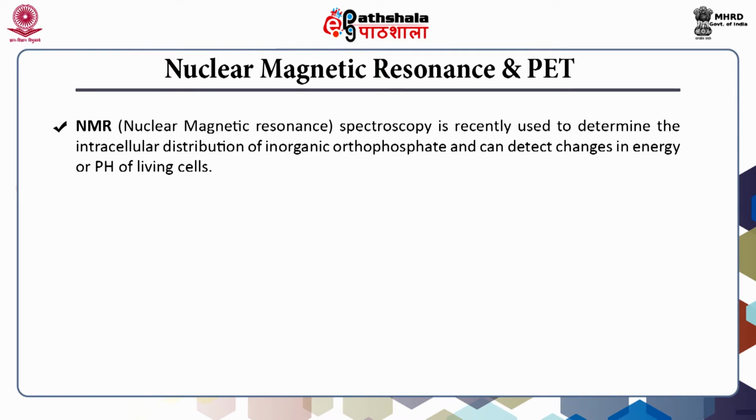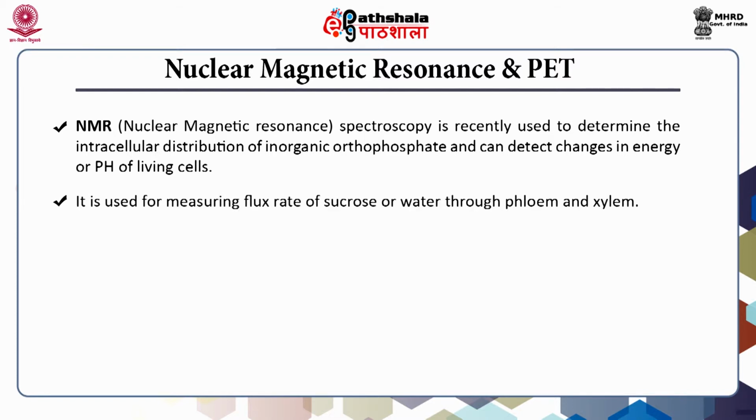NMR, nuclear magnetic resonance spectroscopy, is recently used to determine the intracellular distribution of inorganic orthophosphate and can detect changes in energy or pH of living cells. It is used for measuring the flux rate of sucrose or water through phloem and xylem in plant systems.